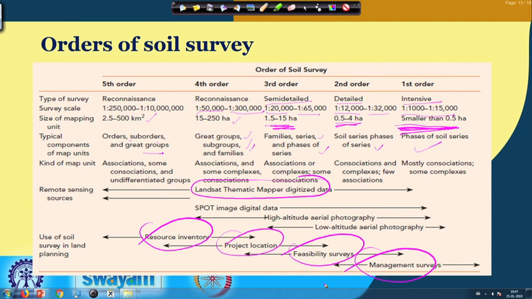So this table shows the different orders of soil survey, how they cater to different needs, how they differ in their size, how they differ in their attention to detail, and what their usefulness is.